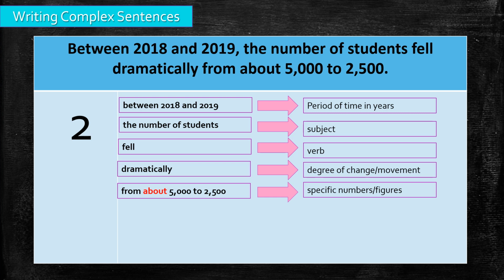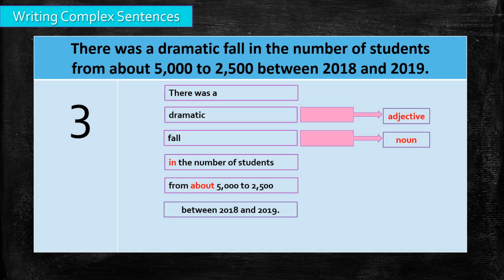Write the same verb fell followed by the adverb dramatically and the numbers from about 5,000 to 2,500. Both the sentences are very similar to each other except that the previous one starts with a subject, ends with a period of time, and this one starts with a period of time followed by a subject, verb, adverb and the numbers.